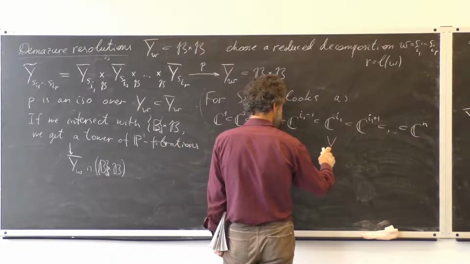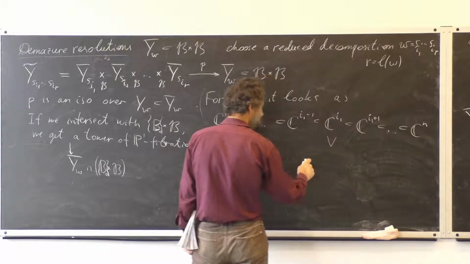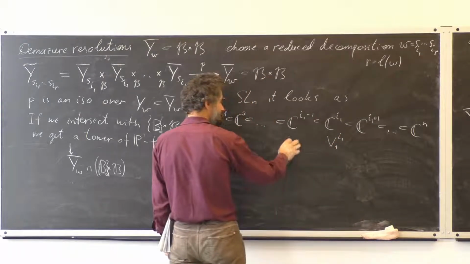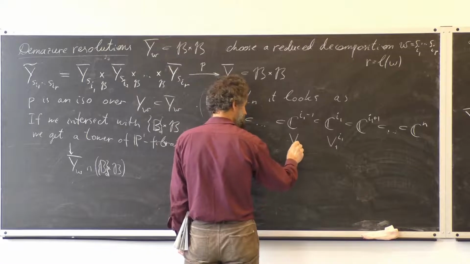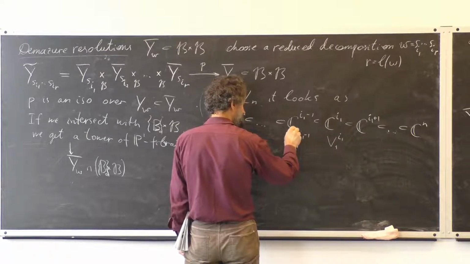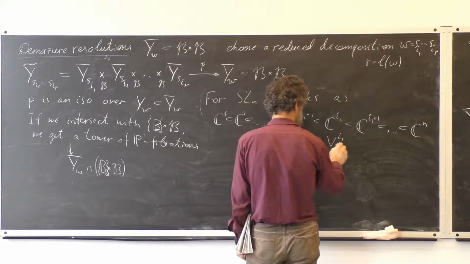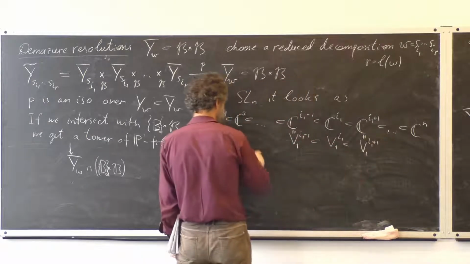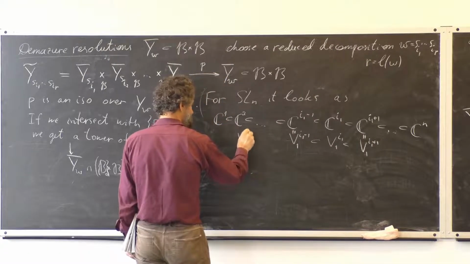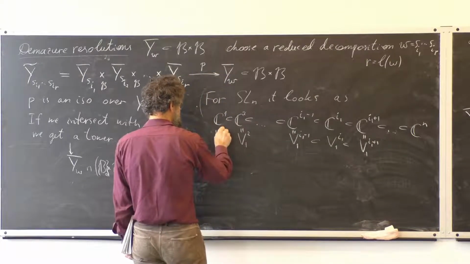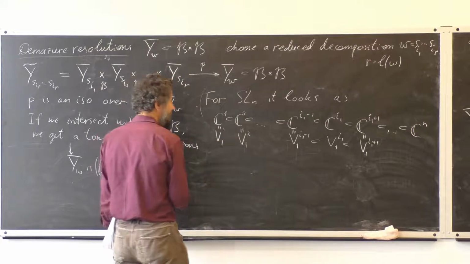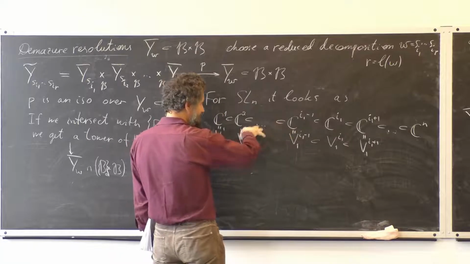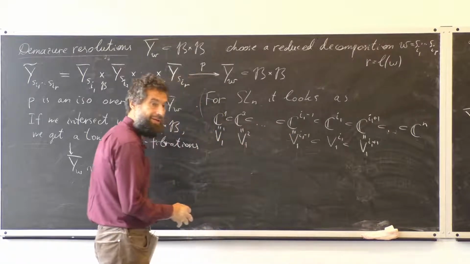Let me call it V_{i1} first, and the others are fixed. So V^1_{i1-1} is the same as here, V^1_{i1+1} is the same as here, and V^1_2 is the same as here, and so on. I'll continue like this.